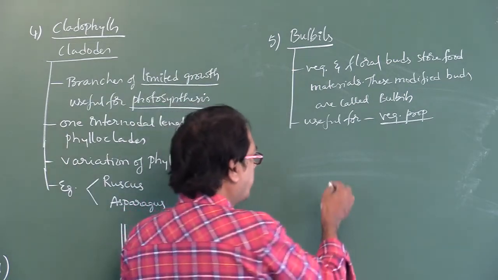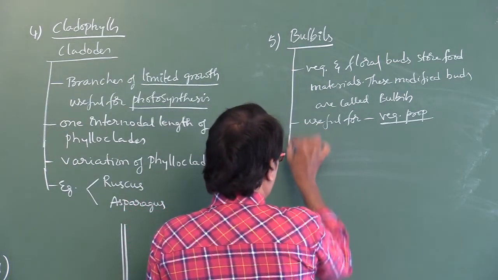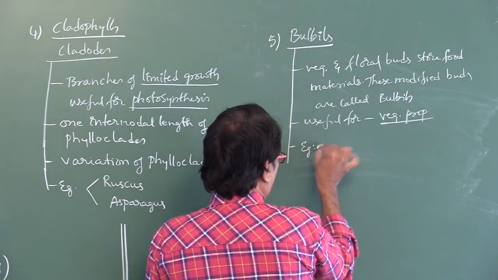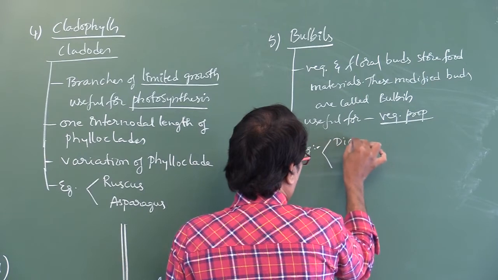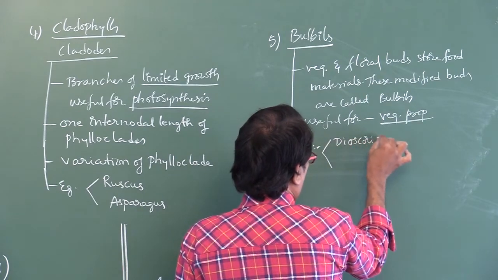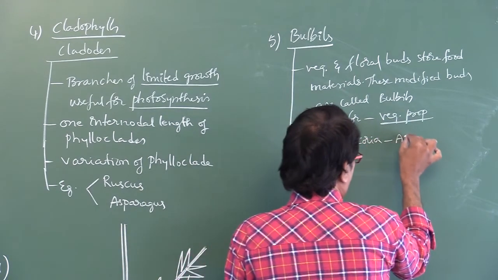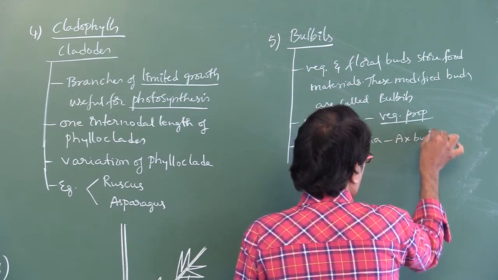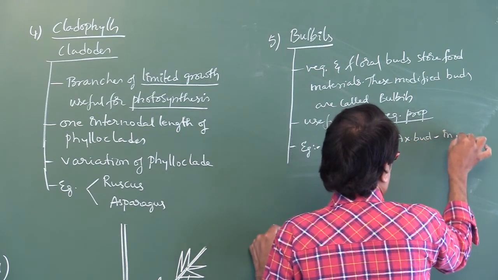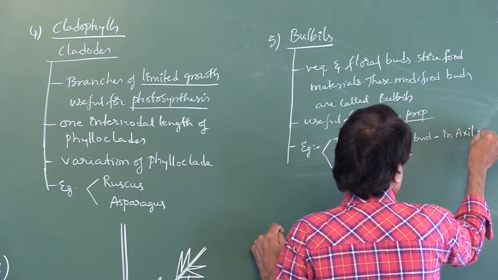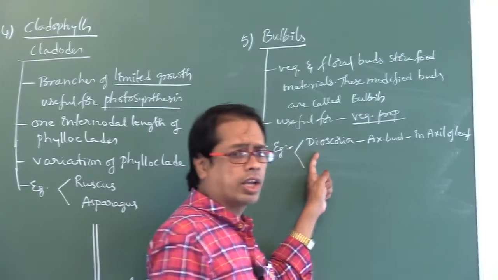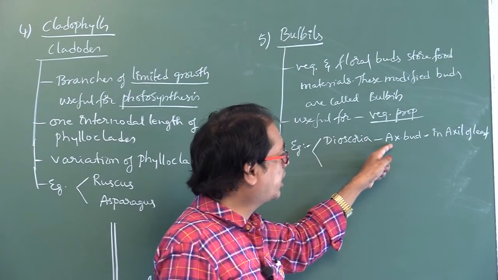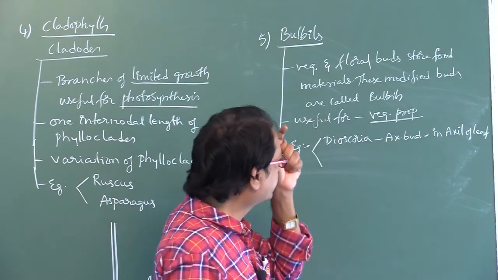So what is the diagram? So examples: one is Dioscorea, that is axillary bud, in axilla of leaf. In Dioscorea, bulbil is present in the axilla of leaf.